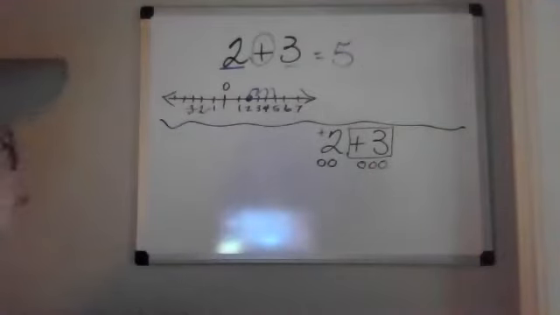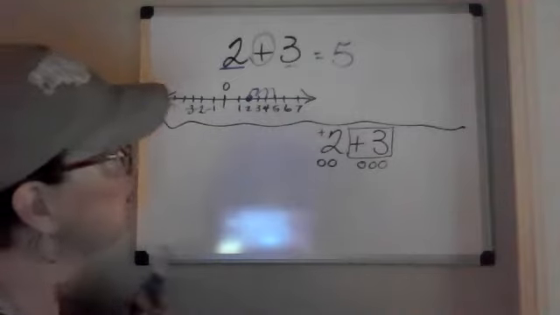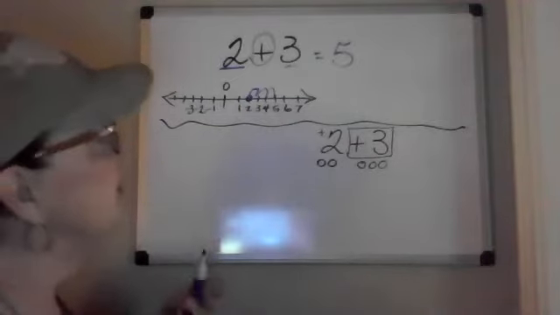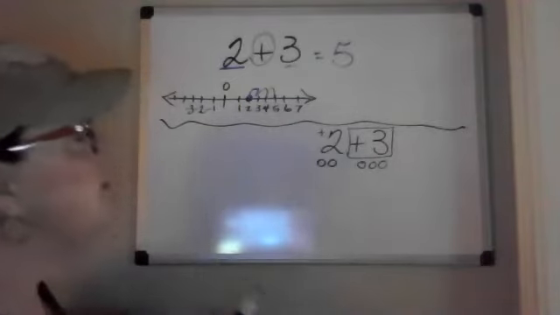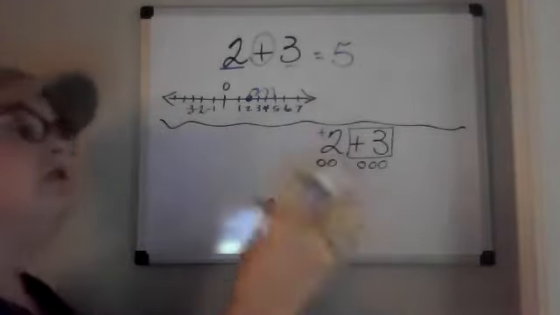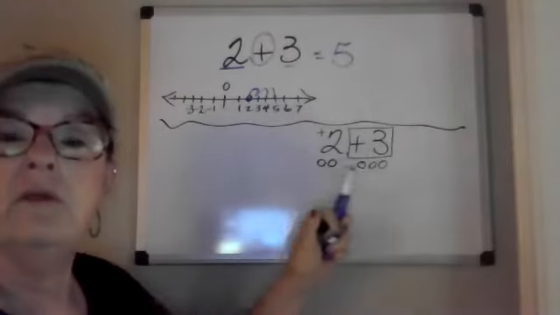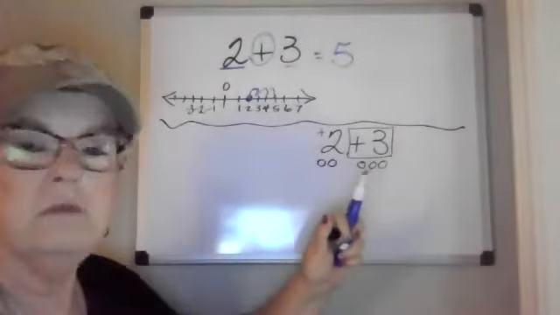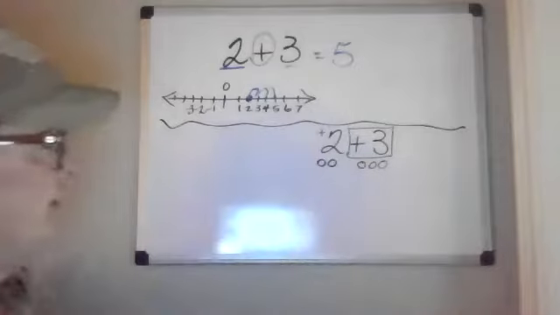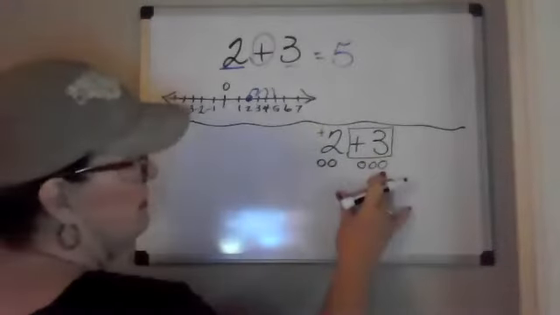Now, when I look at all those discs that are laying on my desk, are there any opposites? Is there a positive that matches a negative in here? No, say no. There are no opposites.